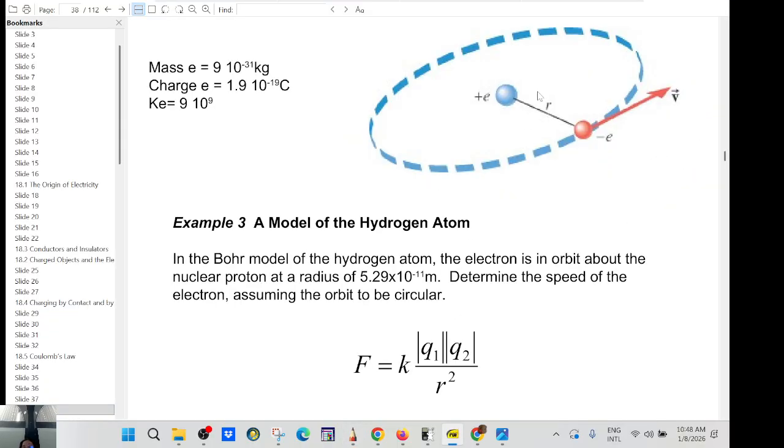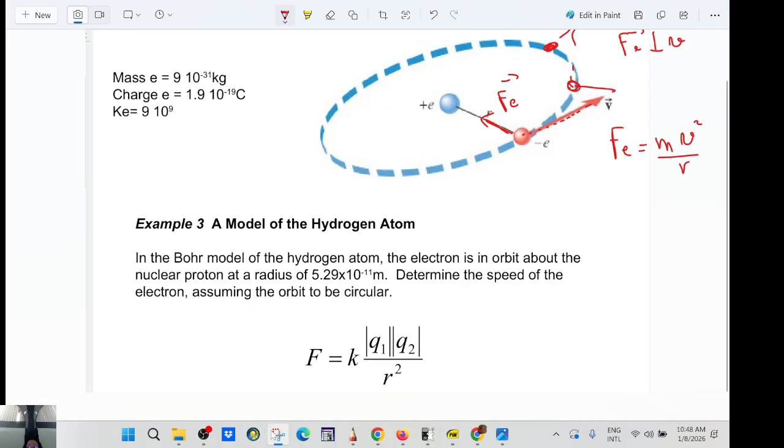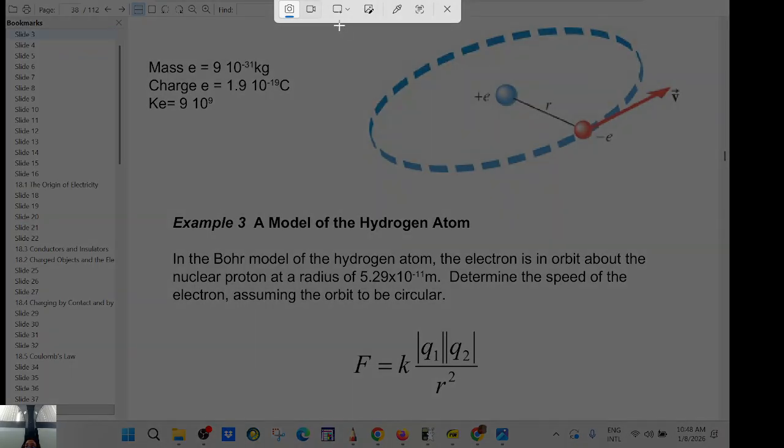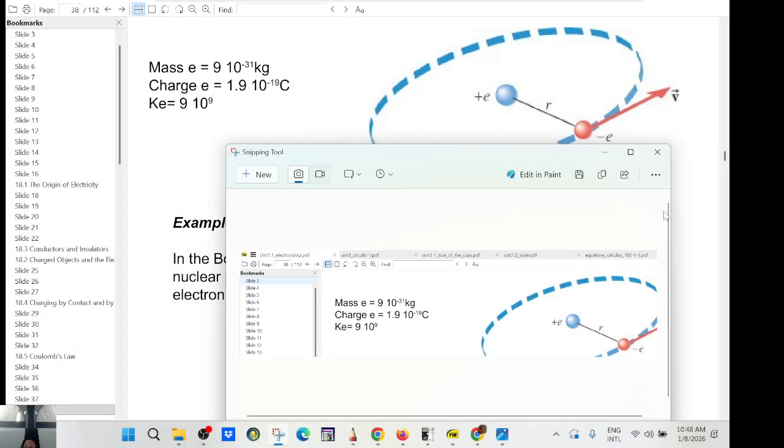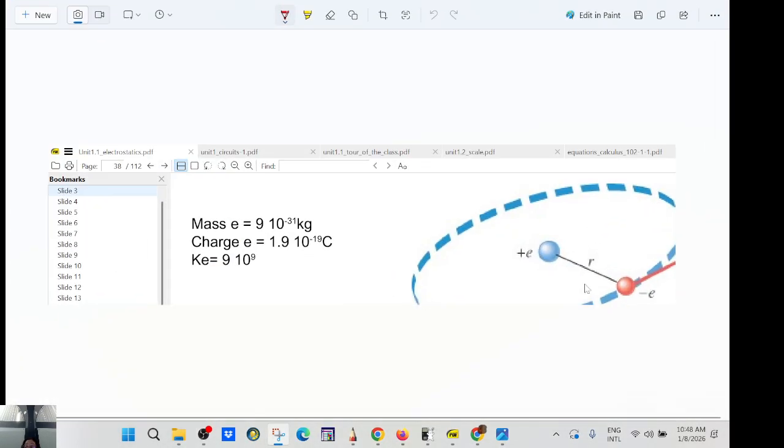So in our case, the centripetal force is provided by the attracting force between the proton and the electron. The electron wants to go bye-bye. It wants to keep going along a straight line at the same speed. No, it can't, because there is a force here.